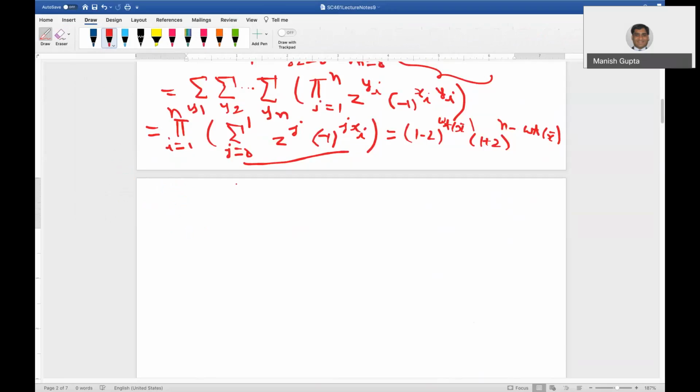The main result is the MacWilliams identity for binary linear codes. Okay.